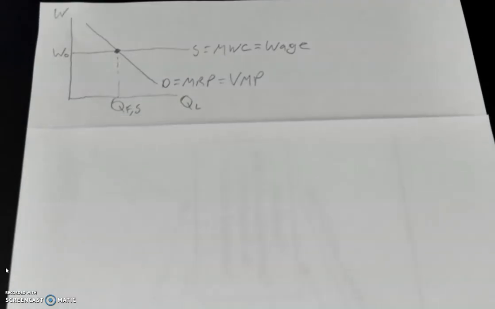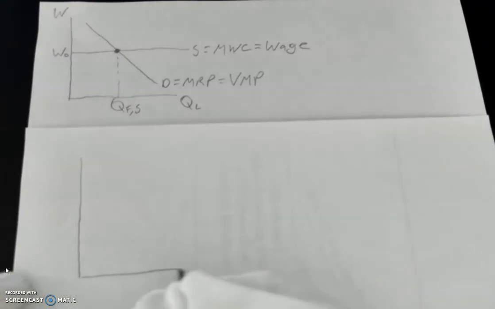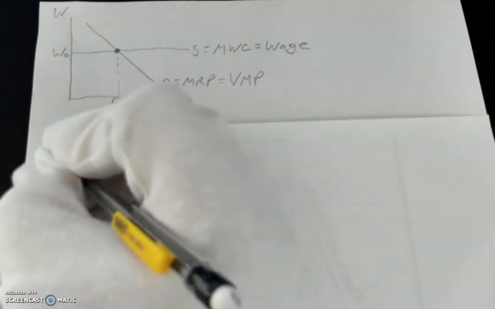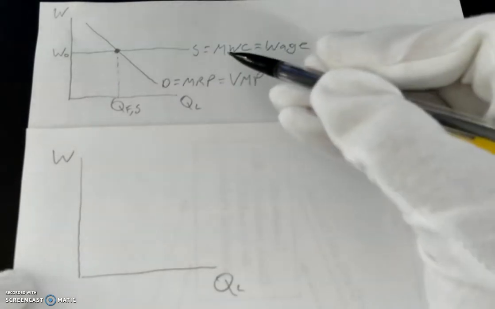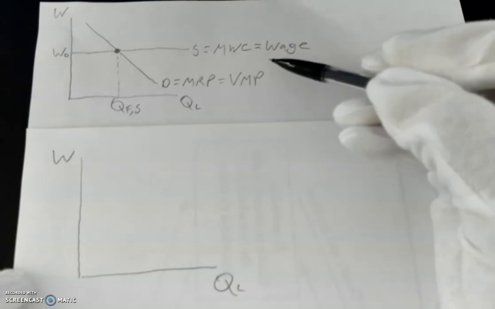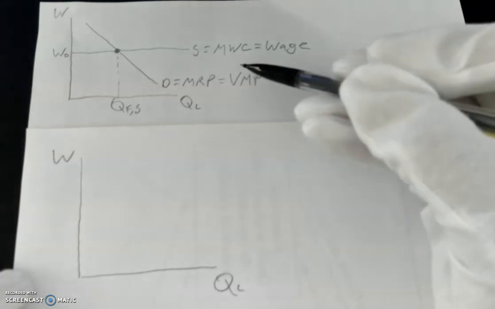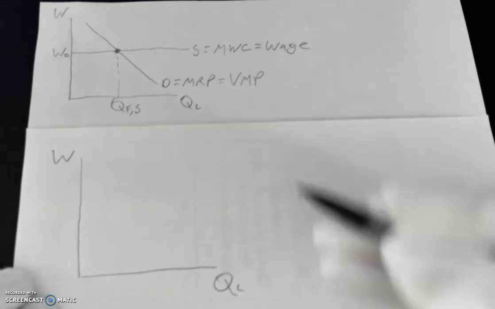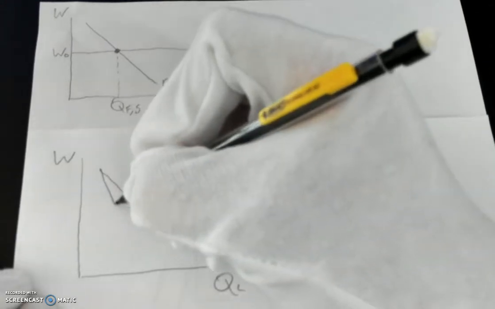Lastly, let's go ahead and imagine imperfect competition in both our markets. Quantity of labor on the horizontal, wage on the vertical. Now, because we're going from the original model here of perfect competition in product and labor markets to imperfect competition in both, we're just going to go from one extreme to the other. Okay? On the demand side, we're going to see a divergence in the demand curves.